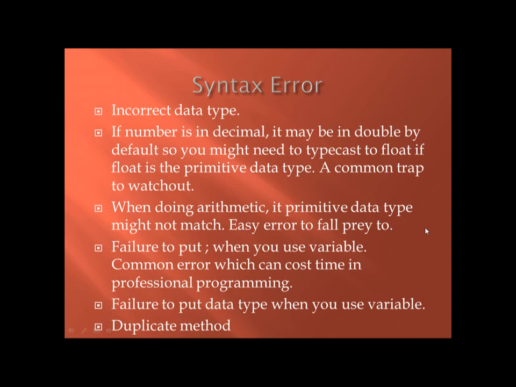Now, this is the important part, and of course, it's going to be the syntax error. The one we want to watch out for is an incorrect data type. So when you put the number in, say you're going to put in something like 10.5, don't put int.